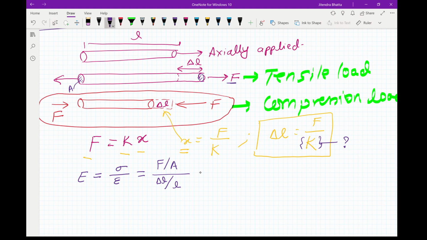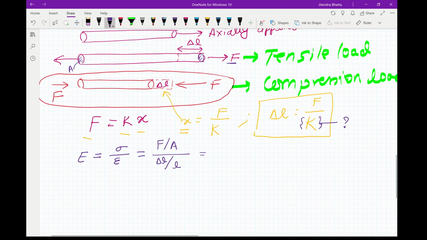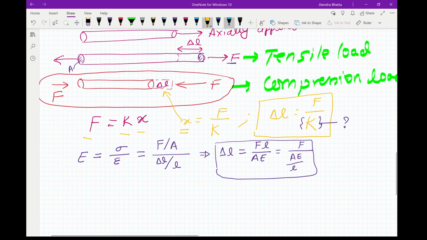From here, your delta L will be equal to F L by A E. Now when you take L below, you get F by AE by L. Now you can equate this with this, so you can see that your k equals AE by L.